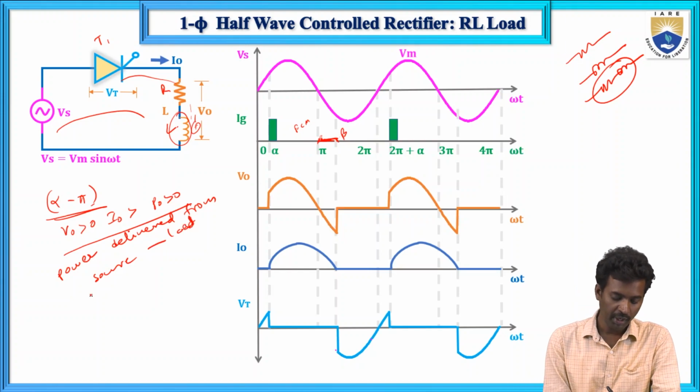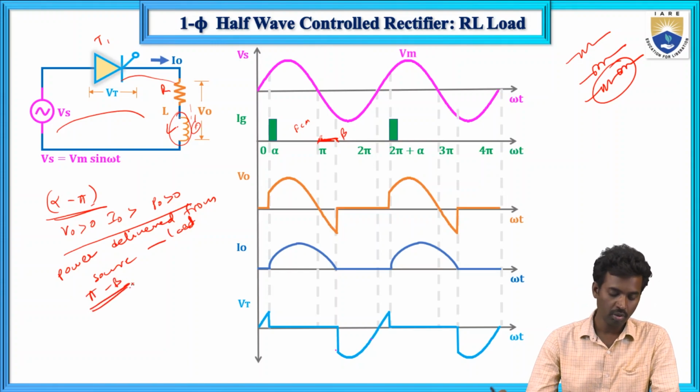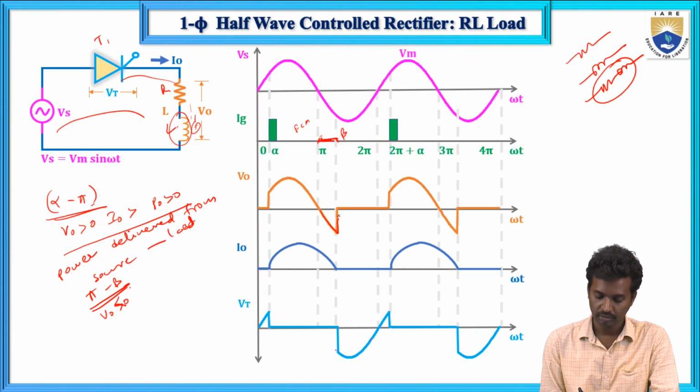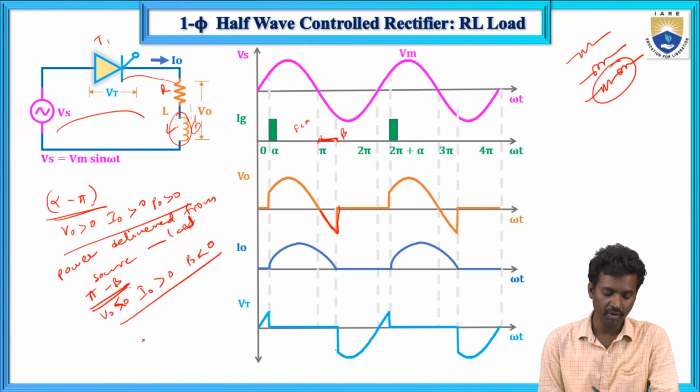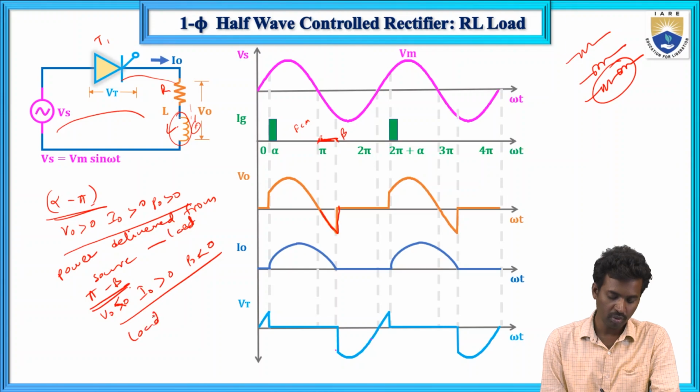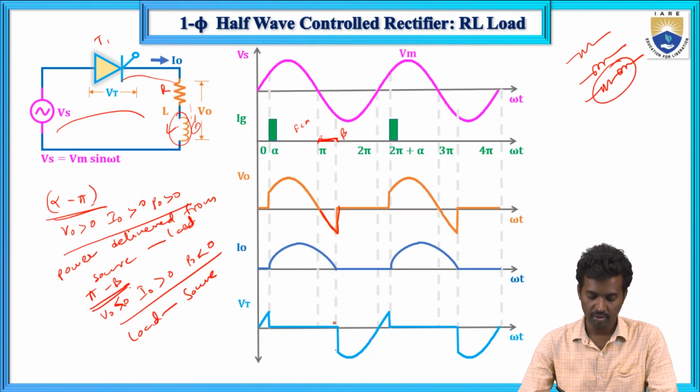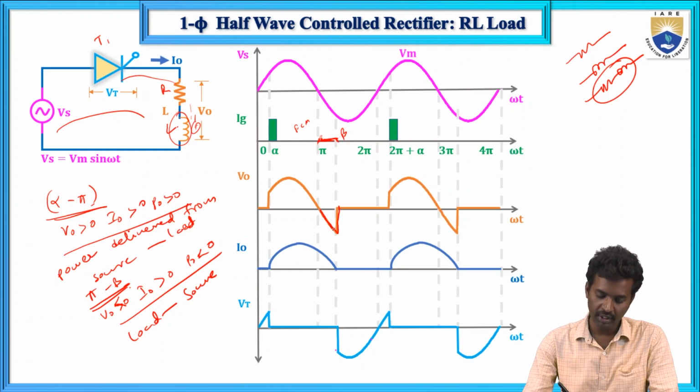But from pi to beta, what will happen? Now here V0 is negative, I0 is positive and P0 is negative. So power is delivered from load to source. Why is V0 negative?